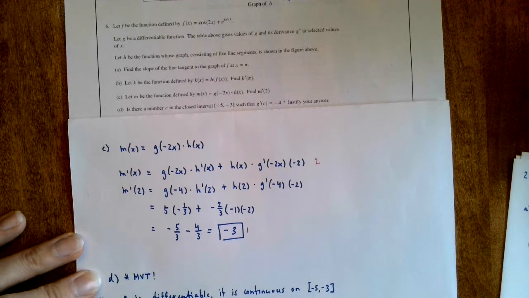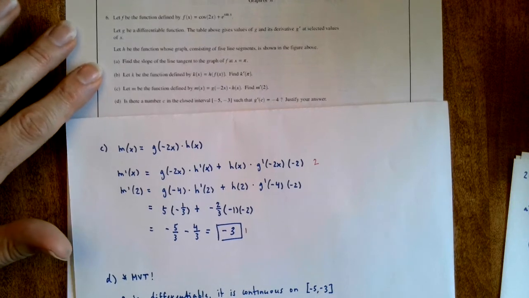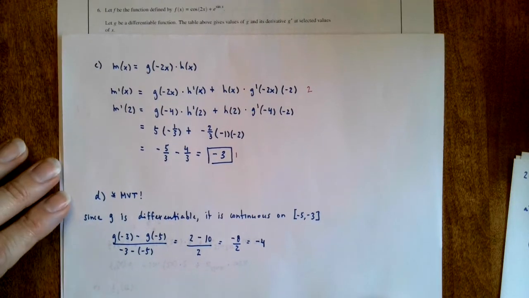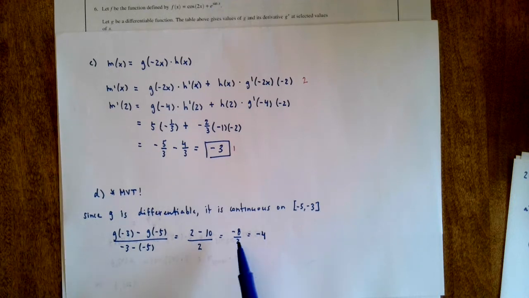Using the table, I get g of negative 3 is 2, g of negative 5 is 10, and down here I get 2. So negative 8 over 2 is negative 4. Oops, I'm sorry. Let's move that up. All right, so we showed that the function was continuous and differentiable. We showed that the average rate of change was negative 4.